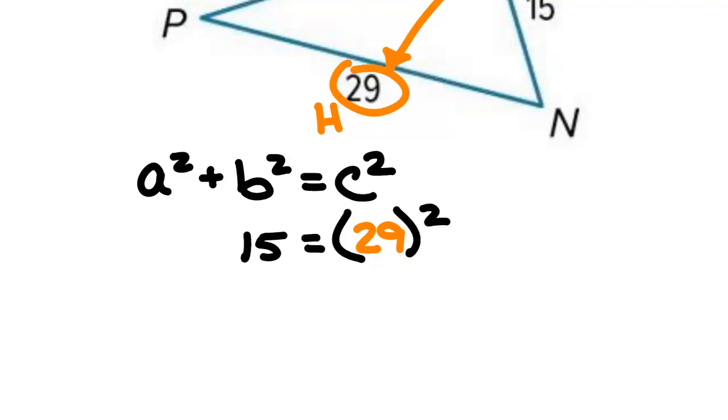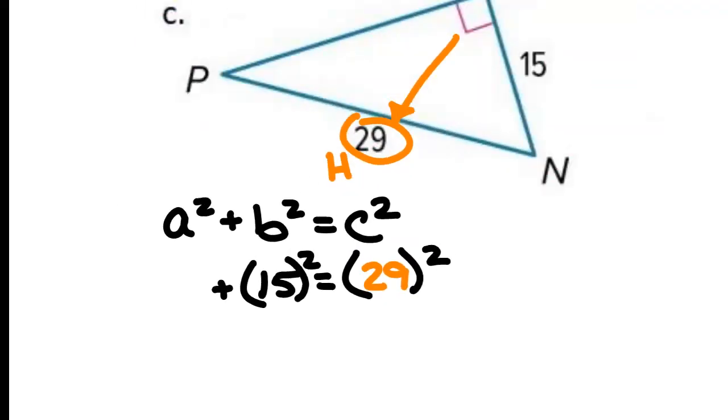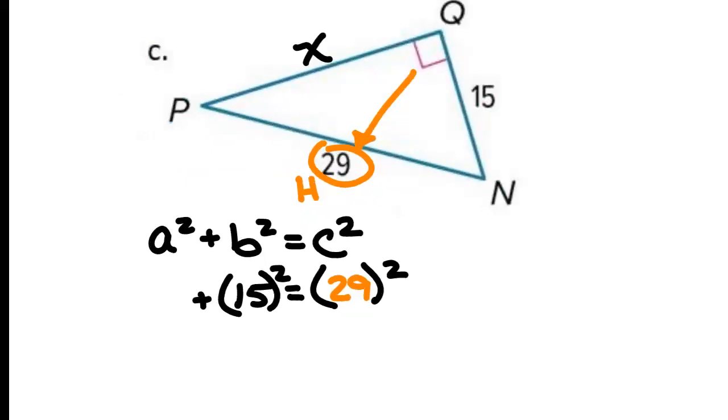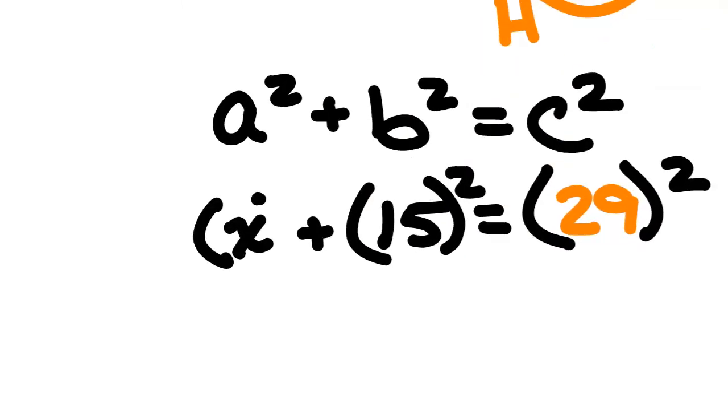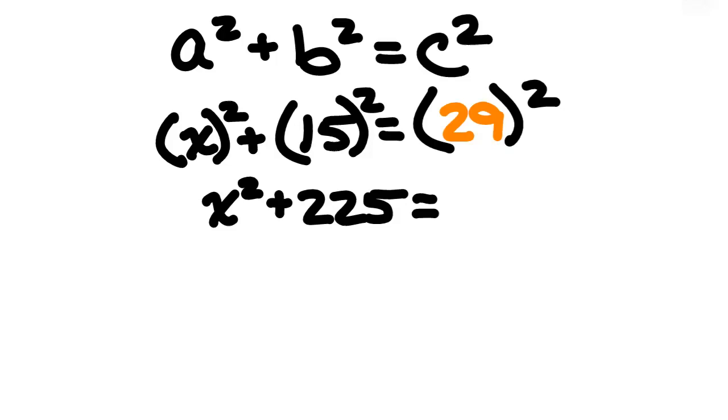I'm going to put it in for B. And we don't know how big PQ is, so I'm going to call that X. 15 squared is 225, but how much is 29 squared? 841. So now we need to subtract 225 from both sides.